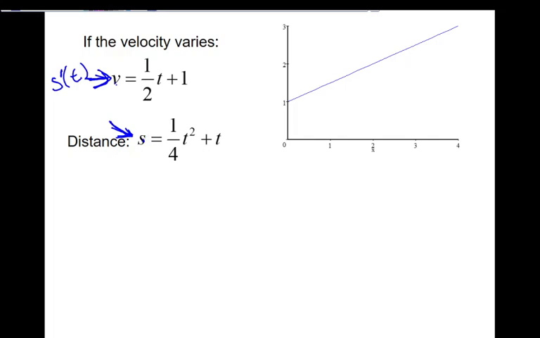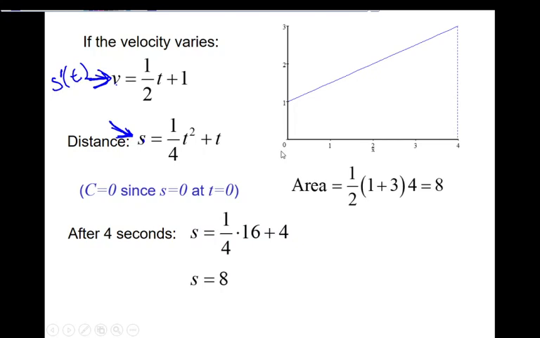That means that if we're looking at this velocity curve, and this is the graph right here, after 4 seconds, the distance it's traveled is 8. So if I take my position equation and I plug in 4 for my time, that gives me a distance of 8.